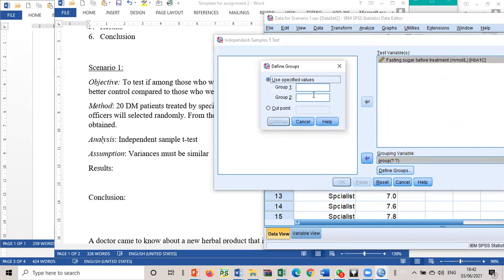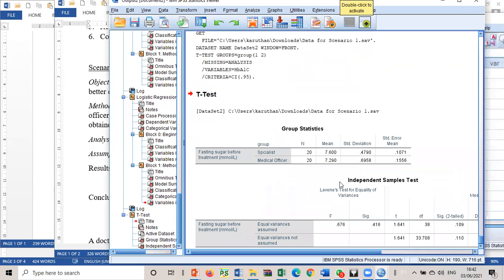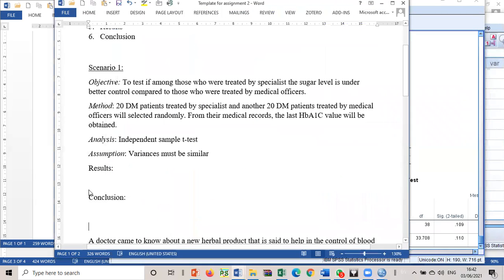If not mistaken, label as 1 and 2. Check first. Click OK. Right, specialist, medical officers. I took 20 from each group. Okay, results.